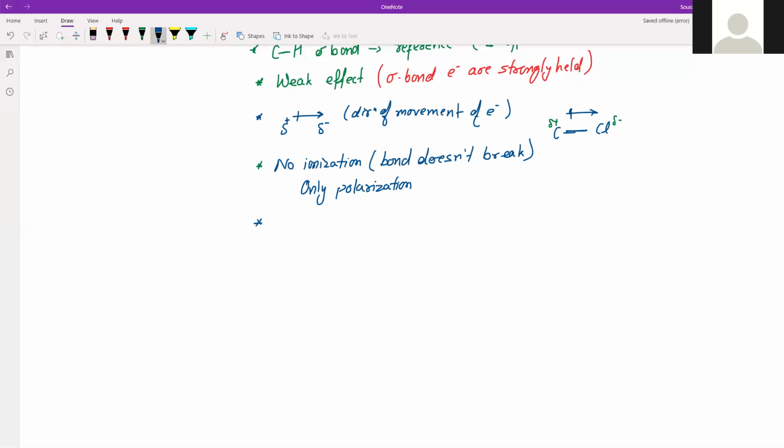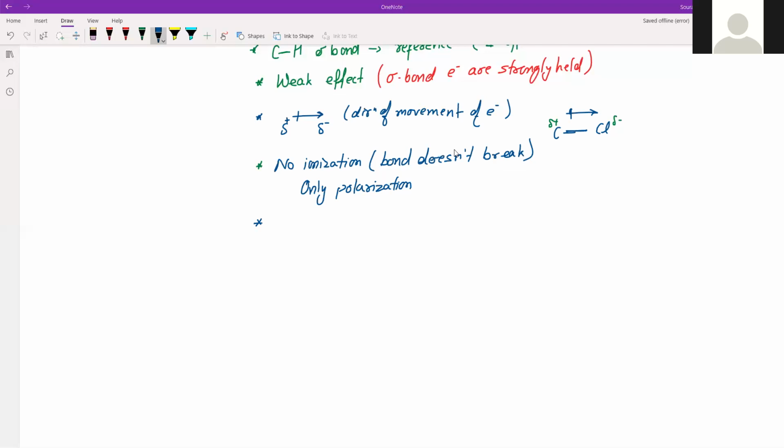That was the next property. Now, this is also called the transmission effect. When there is O, is it not a pi bond?